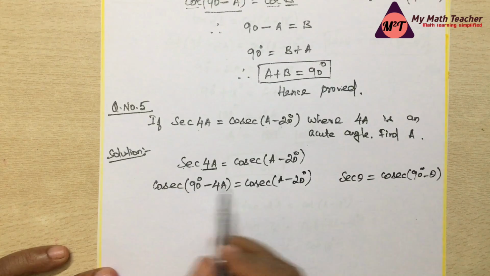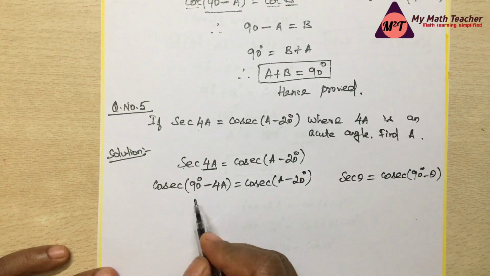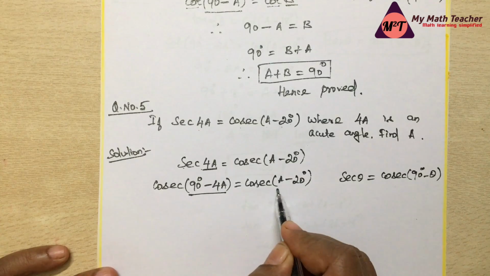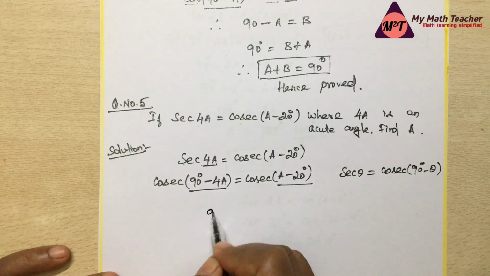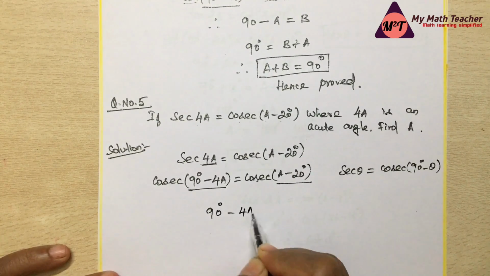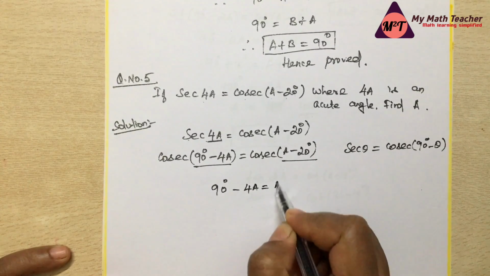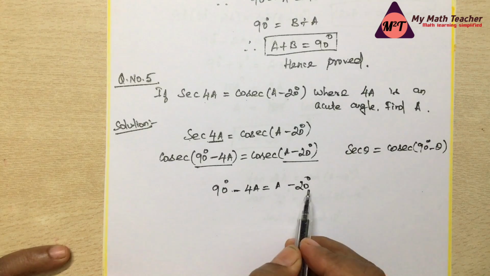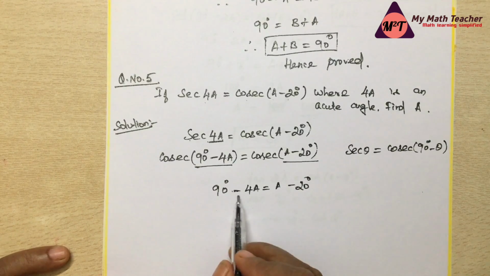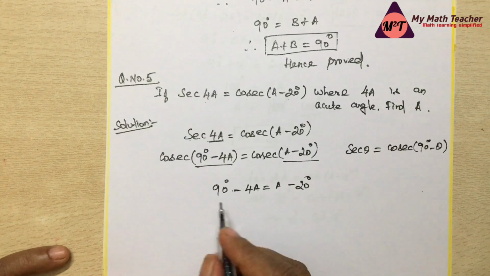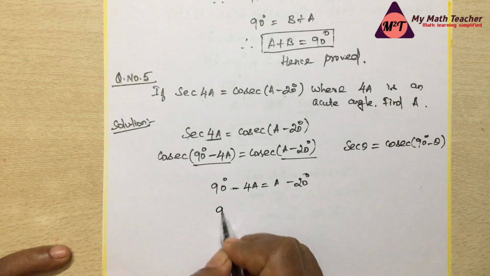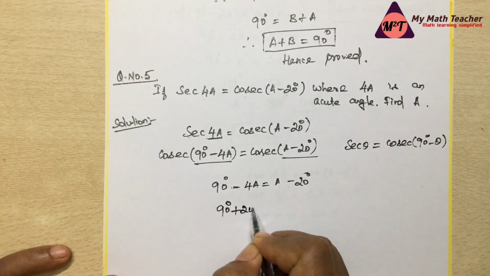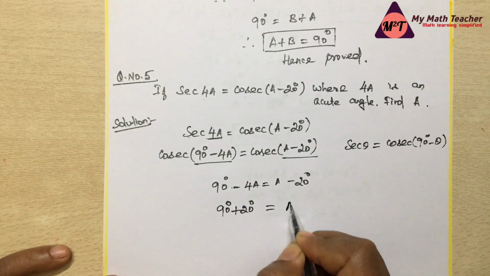Now we can see both the ratios are same, so that we can equate the angles which is on both sides. That is 90 degrees minus 4a is equal to a minus 20 degrees. So this is minus 4a, you can bring it to the opposite side, it becomes plus 4a. So all the numerals one side, variables other side. 90 degrees plus 20 degrees is equal to a.